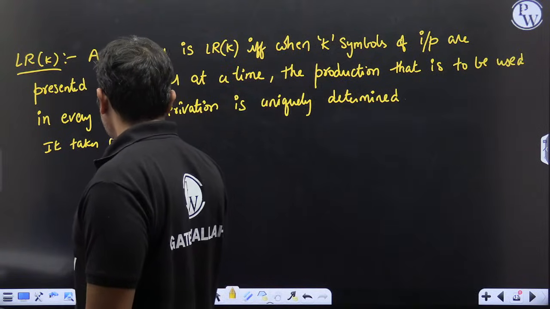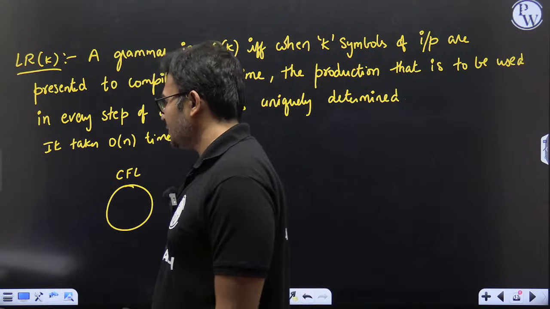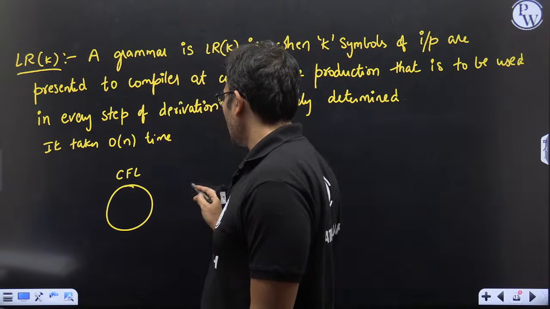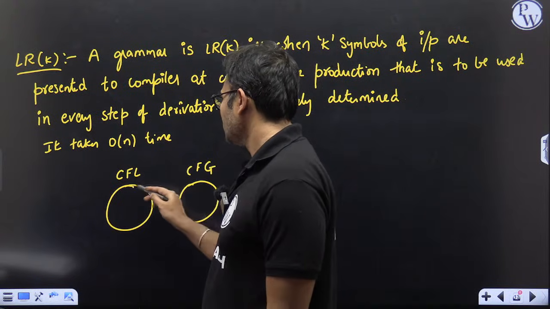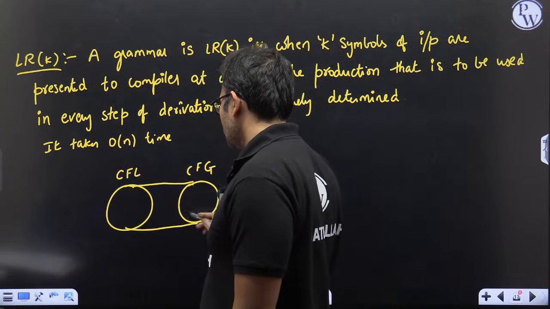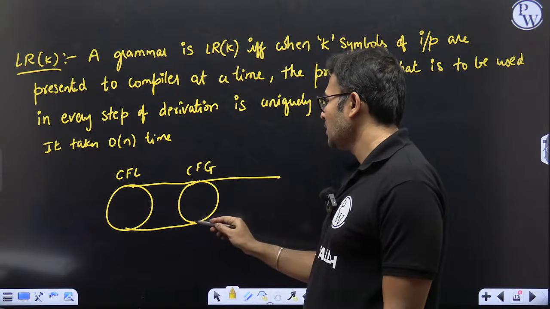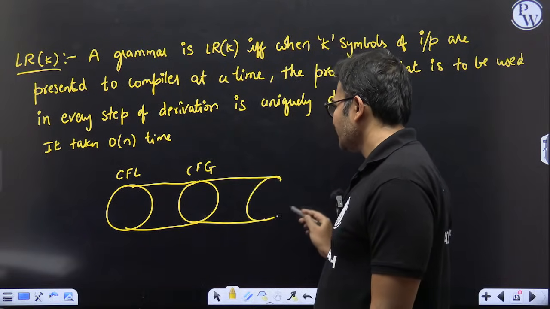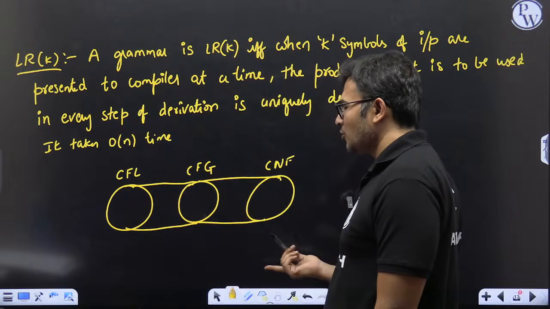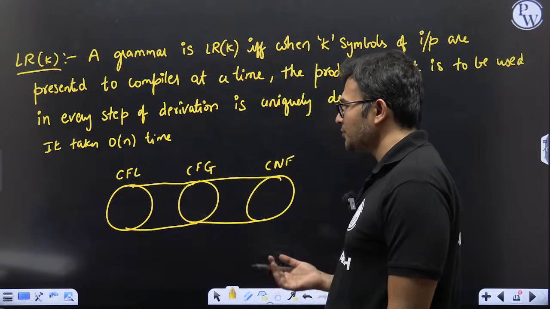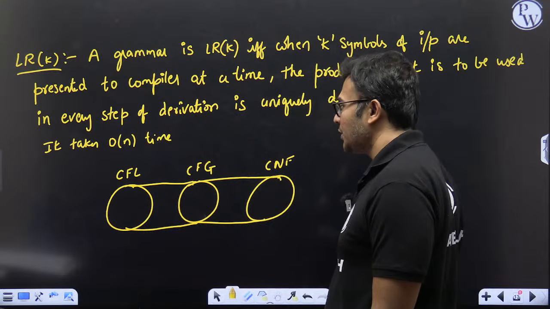See, for every context free language, there is a context free grammar, and not every but almost every context free grammar can be converted to CNF. But if you have epsilon productions, you cannot convert. That is an exception, but almost all the context free languages can be converted to CNF.